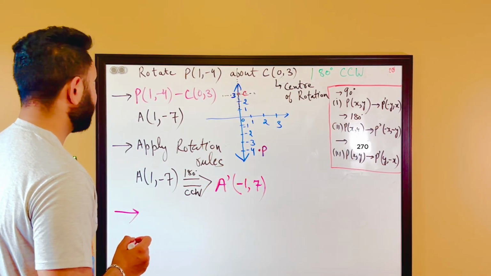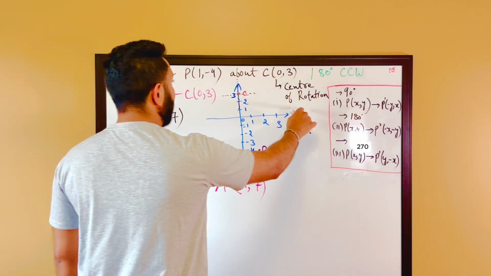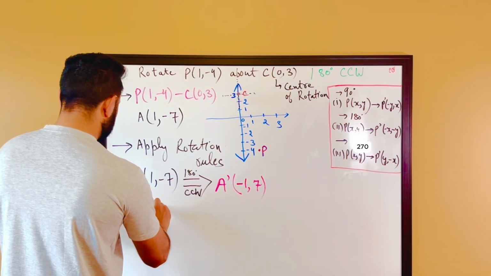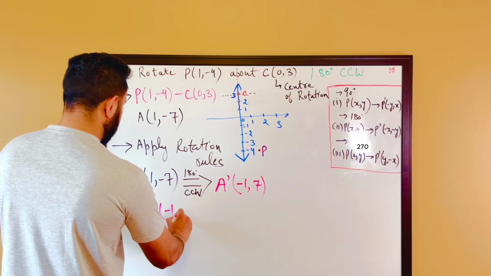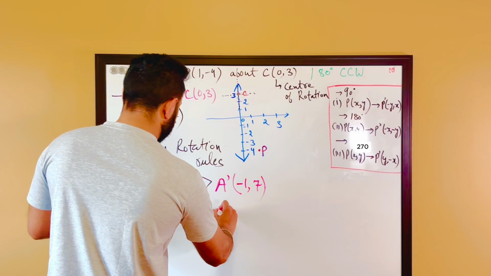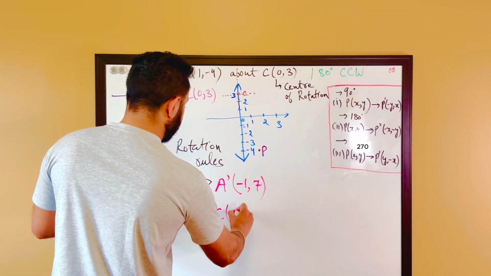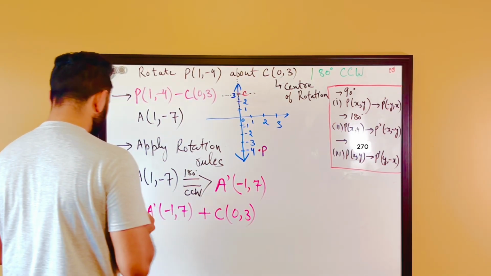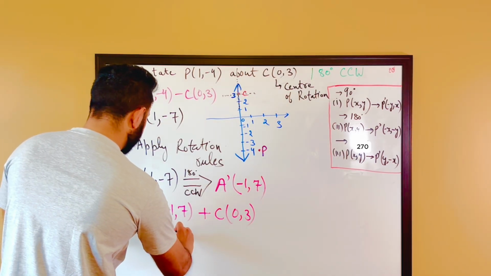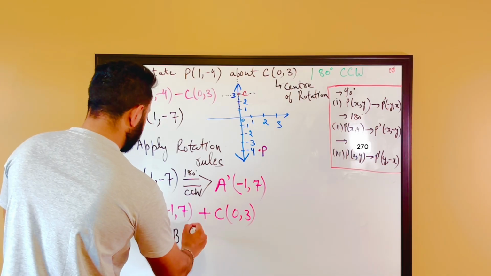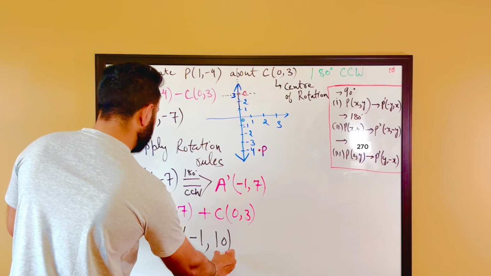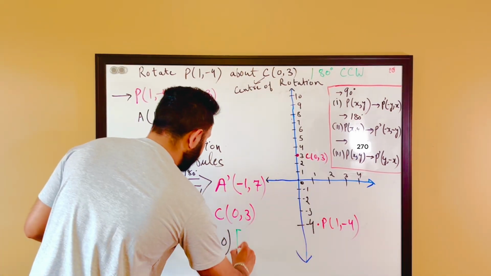So our third step is we're gonna add back the center of rotation to this point, plus C(0, 3). So our solution point will be (-1, 10). So this is our solution point.